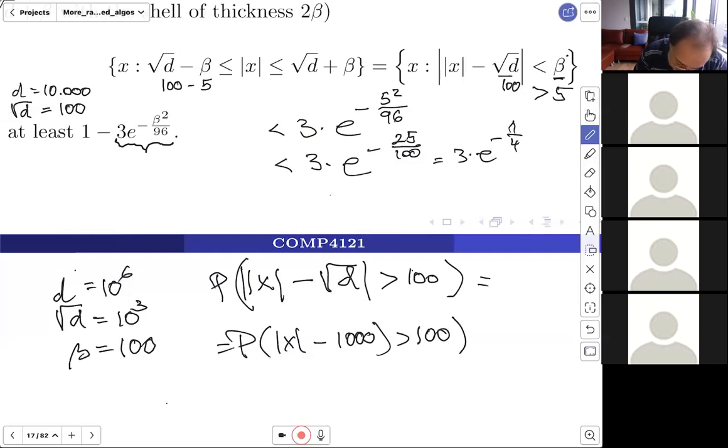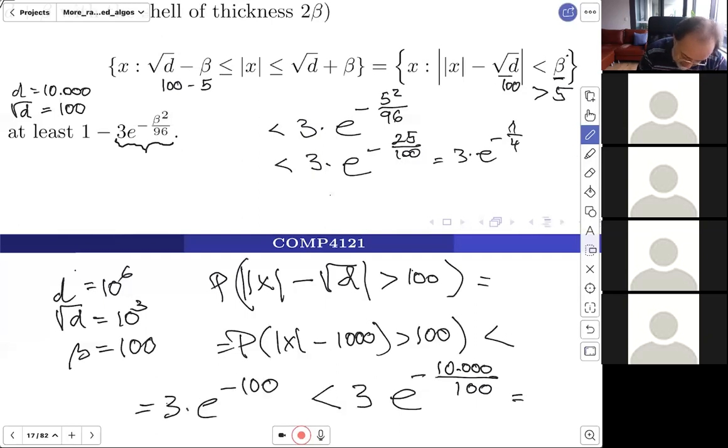It will be smaller than 3 times e to the minus, now beta squared is 10,000, divided by 100, which is equal to 3 times e to the minus 100.